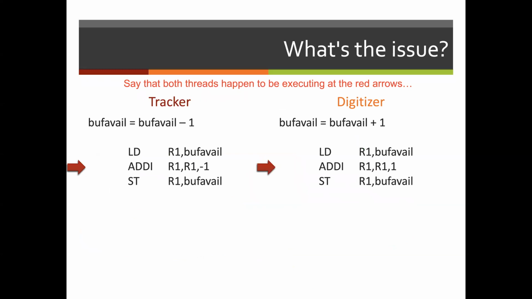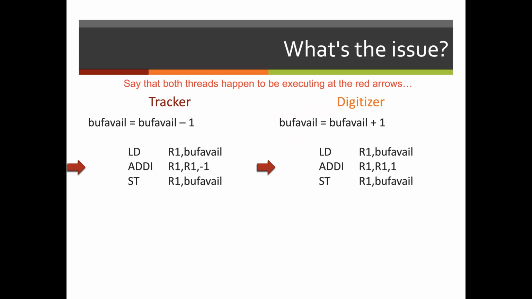And so we want to think about this in terms of, let's say that both threads happen to be executing at the red arrows. With the tracker, it's going to set bufferVal to be bufferVal - 1. The digitizer sets bufferVal equals bufferVal + 1.